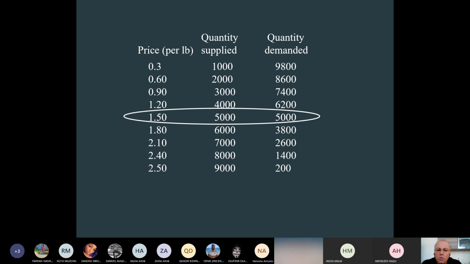And when the price goes to 0.90, or let's say units, the quantity supplied now is not 4,000 but 3,000, and the quantity demanded is 7,400. As you are observing, this shows us demand is a decreasing function of the price, and quantity supplied is an increasing function of the price.